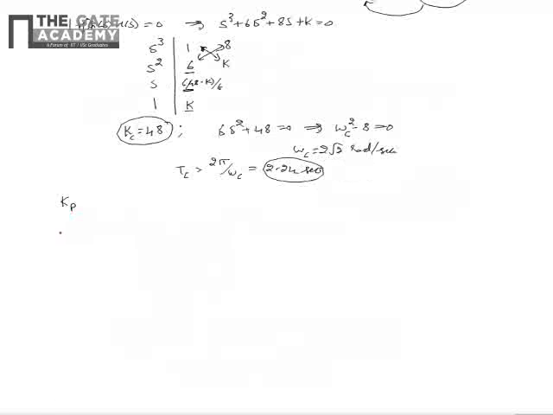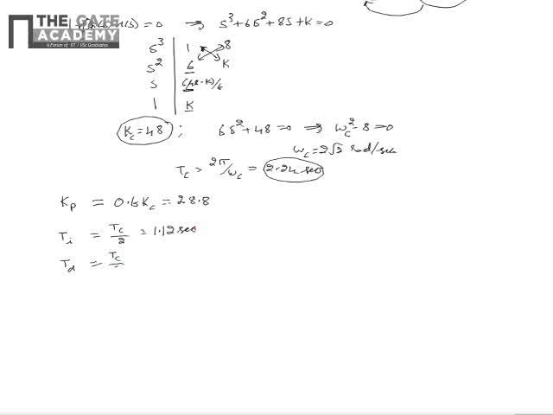Now let us find the parameters Kp, Ti and Td using these two quantities, that is Kc and Tc. Kp can be written as 0.6 times Kc, which boils down to 28.8. Ti can be written as Tc by 2, which can be simplified as 1.12 second.